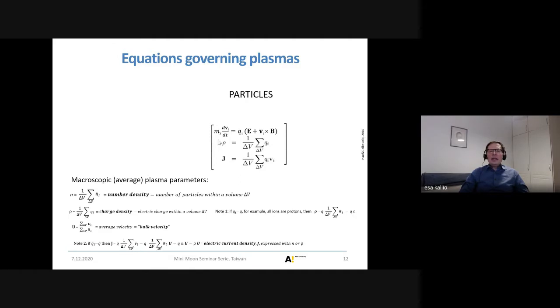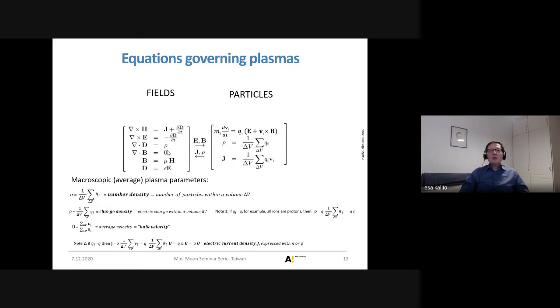The reason we need those macroscopic parameters is that, according to Maxwell's four laws, the behavior of the fields depends on those parameters: charge density and current density.